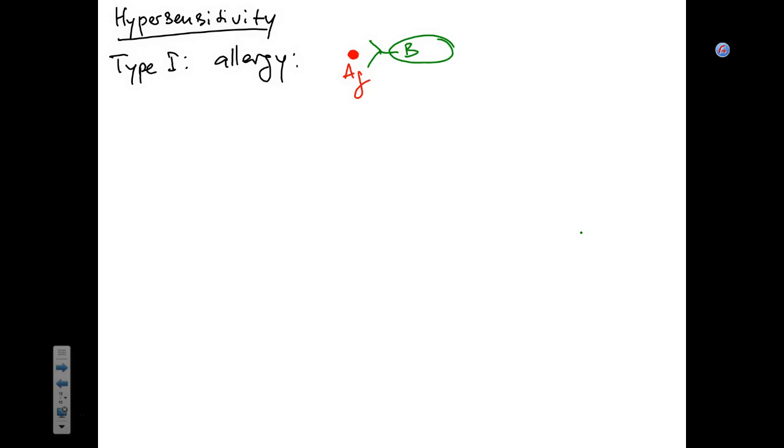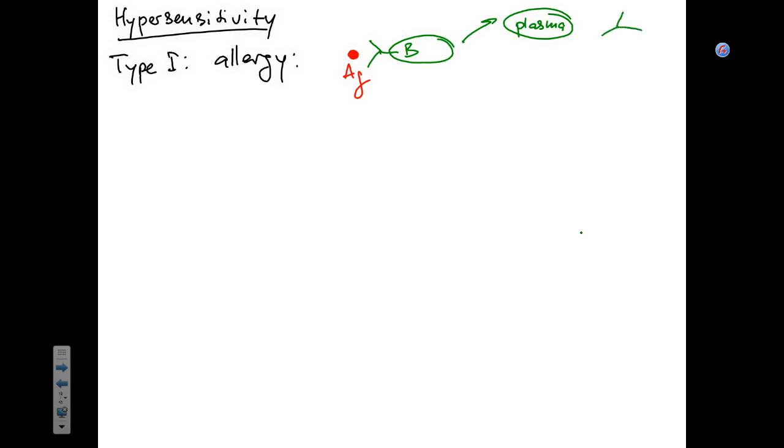And B cells, what do they become when they recognize the allergen? They differentiate into another subset, plasma cells. And plasma cells will produce antibodies. Does that make sense?